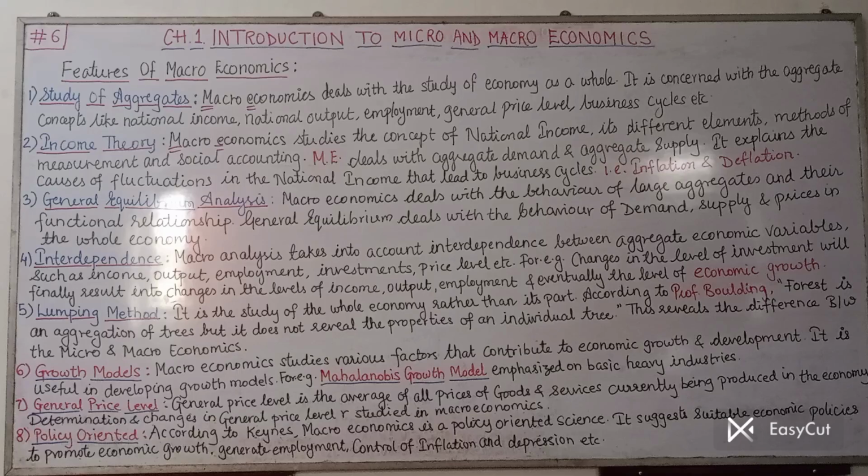It means macroeconomics suggests suitable economic policies to promote economic growth, to generate more employment, to control inflation and depression, etc. So different policies are suggested and put forward under macroeconomics in order to achieve overall economic growth and development of the economy. That's why it is said that macroeconomics is a policy-oriented science.